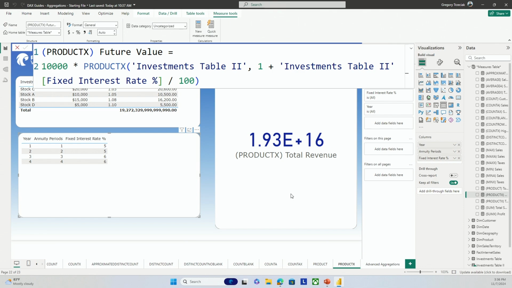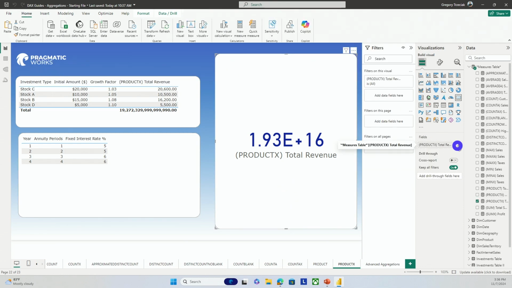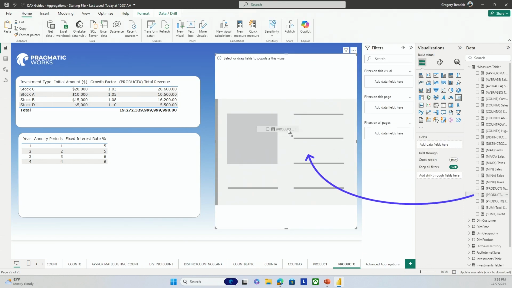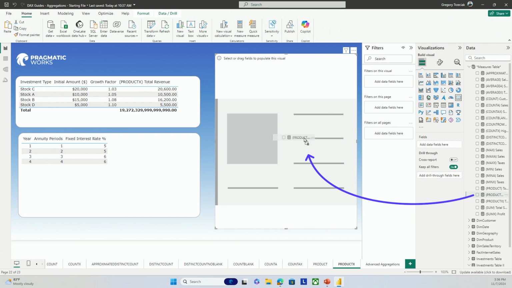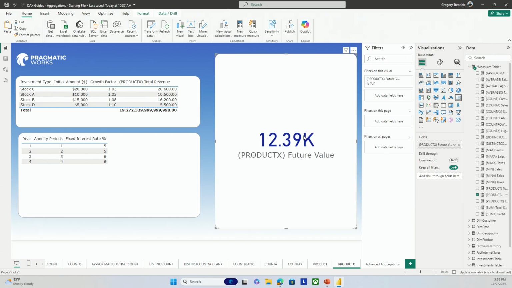So now I have this product X. I'm going to get rid of this crazy number and try out product X here. Hopefully, if I've got $10,000, then I get 5%, 5%, and then it jumps to 6 after a little bit, maybe 12,000 bucks, I hope. Wow, okay. So maybe this is a much better use case of the product functions, product X especially.